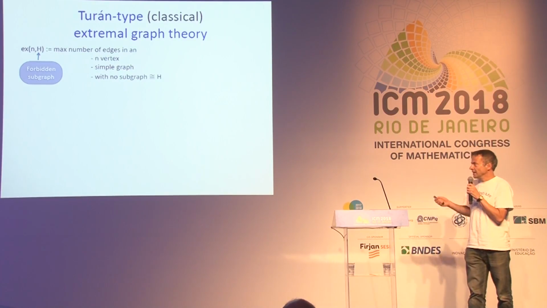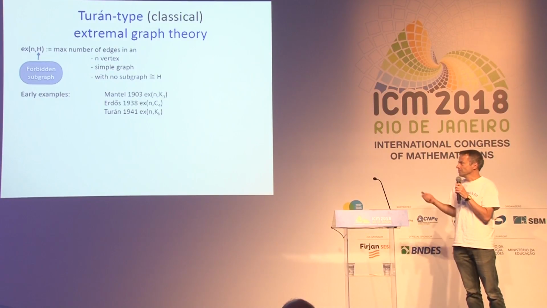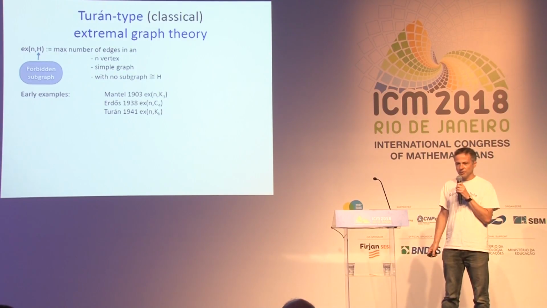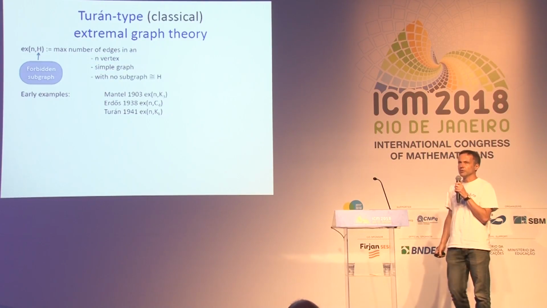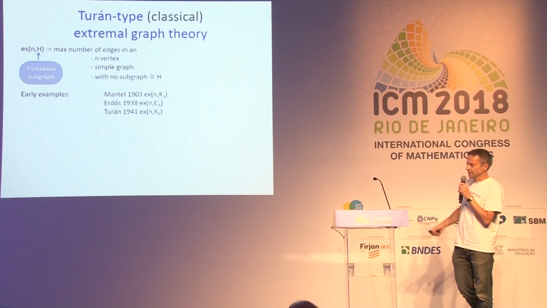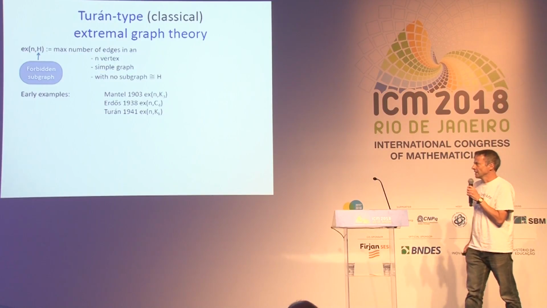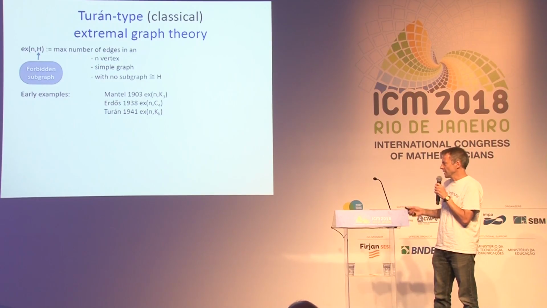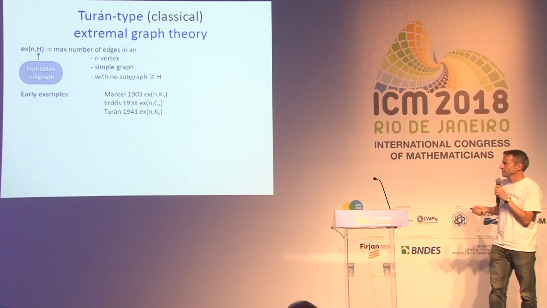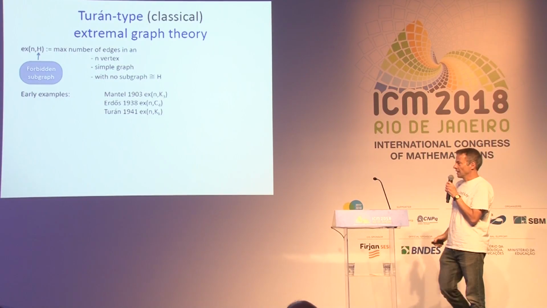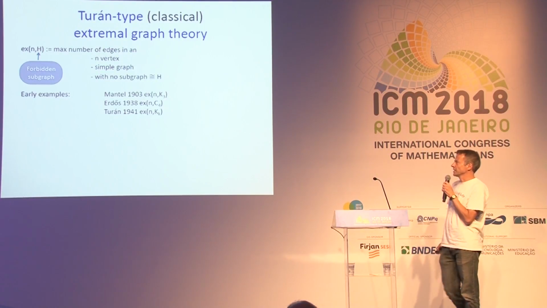I don't have to tell you that this has both a long history and was very useful in many other areas of combinatorics. It has lots of applications. The earliest examples are a result of Mantel from 1903 about the maximum number of edges of a triangle-free graph.